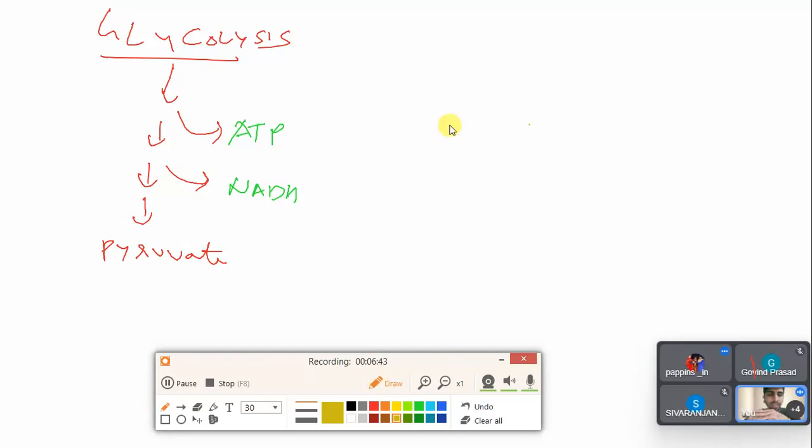Is there any part of our body where glycolysis doesn't work? Anyone?